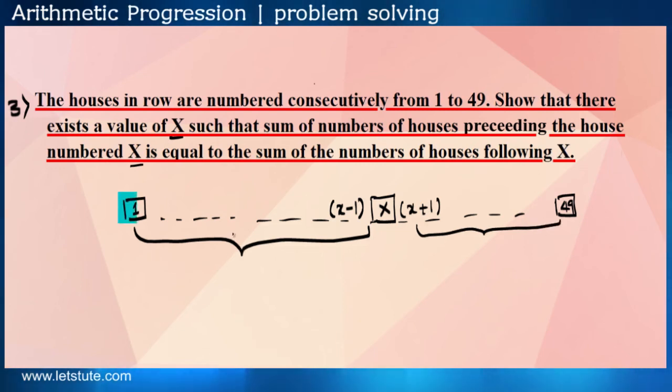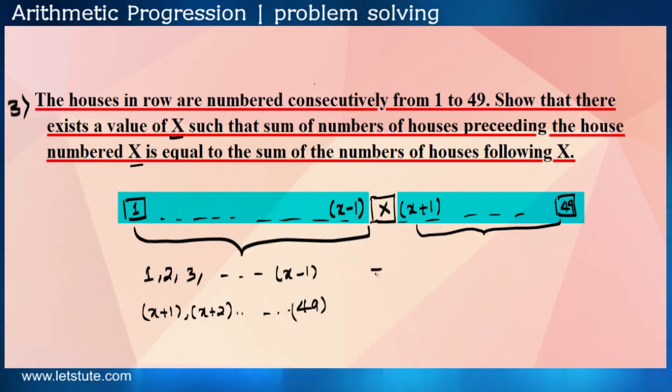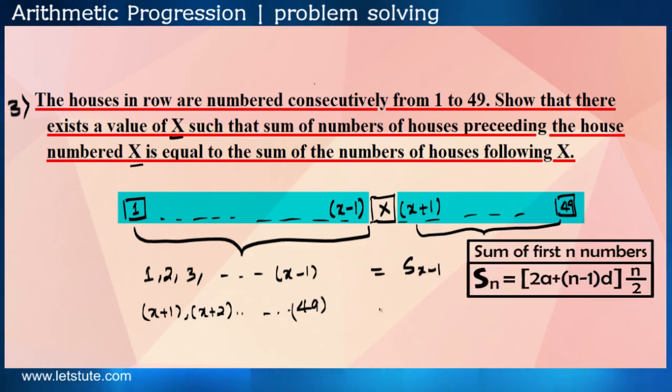So you have actually got two arithmetic progressions. In other words, we can say that the first one is 1, 2, 3 and so on to x minus 1. Okay? And the second one is x plus 1, x plus 2 to 49. So you will be finding the sum, that means S(x minus 1), and in this case it will not be S49.